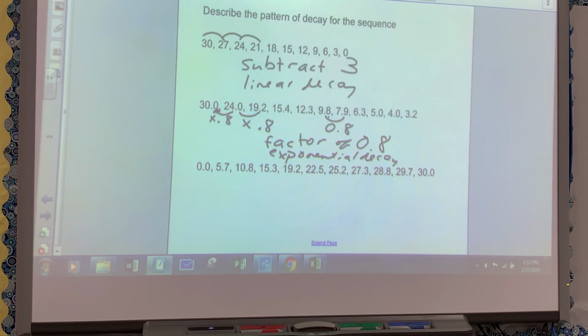You have to end up kind of figuring out what your average is. Unless it's linear. It's not linear.